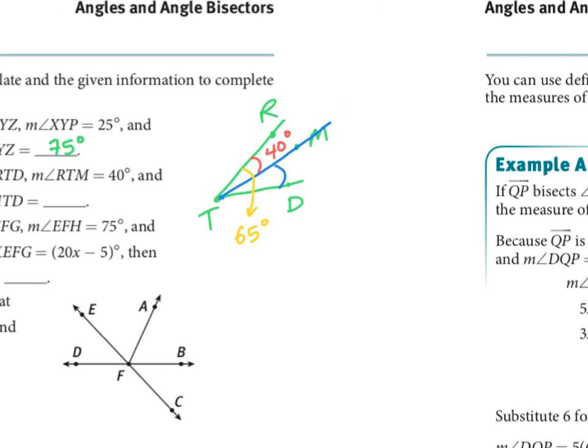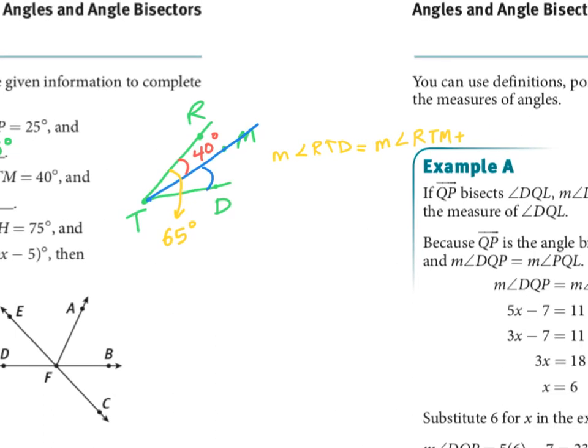So remember that the measurement of the whole angle RTD is equal to the measurement of angle RTM plus the measurement of the angle MTD. Now, angle RTD is given to be 65 degrees.